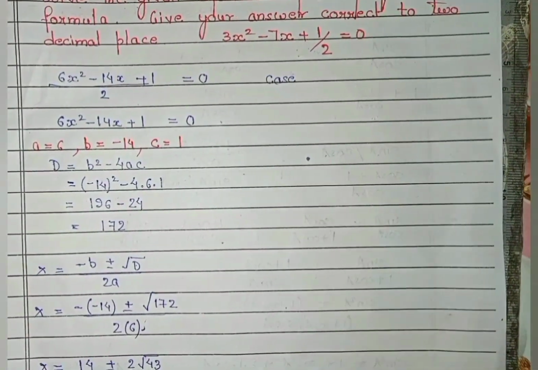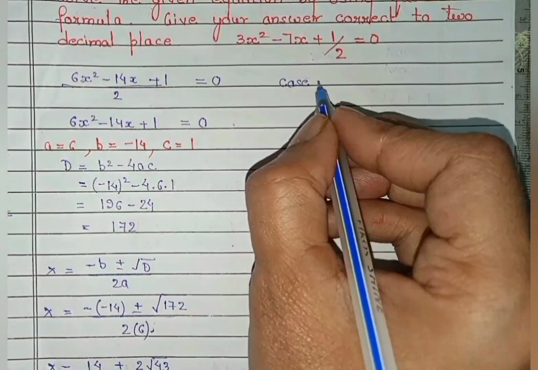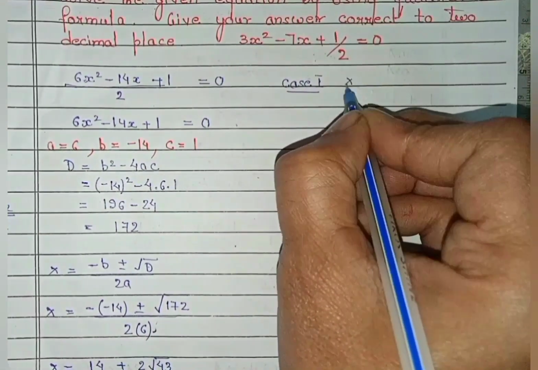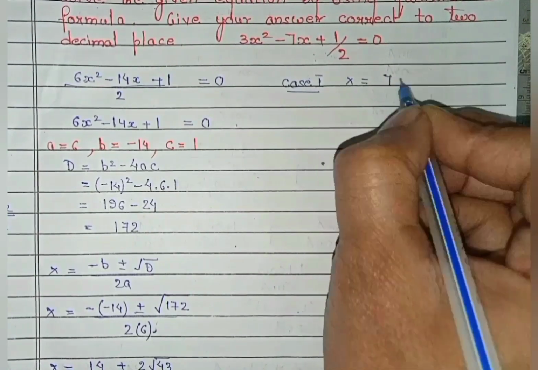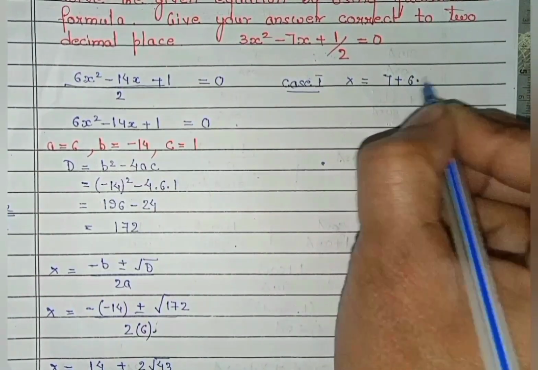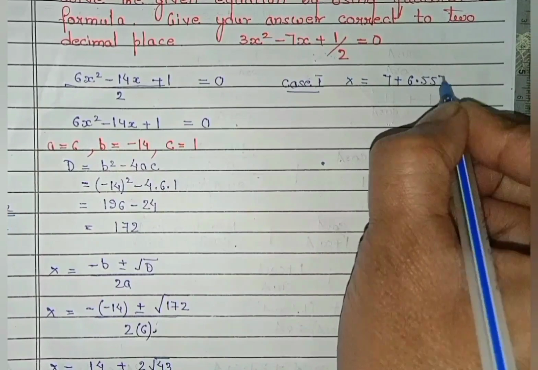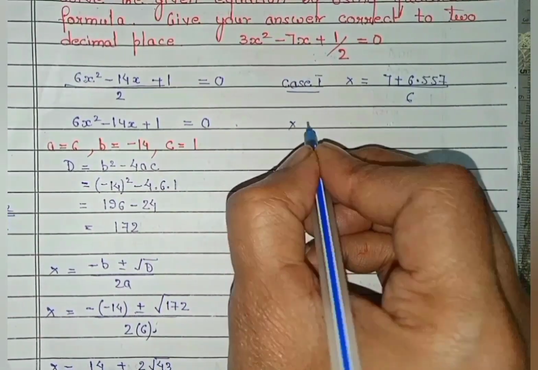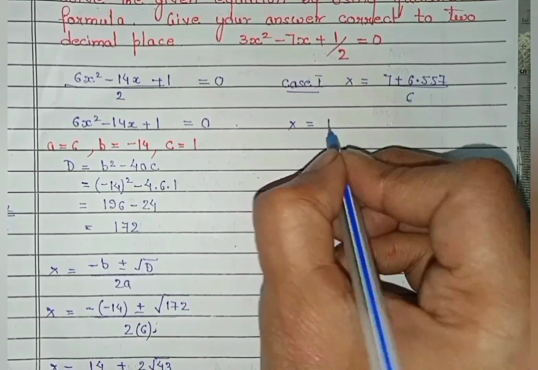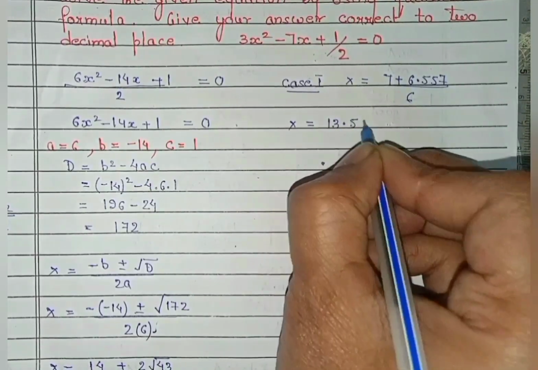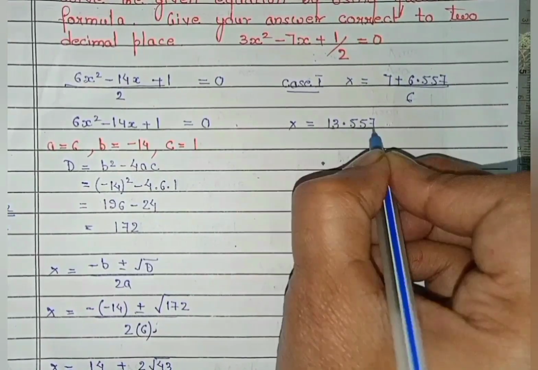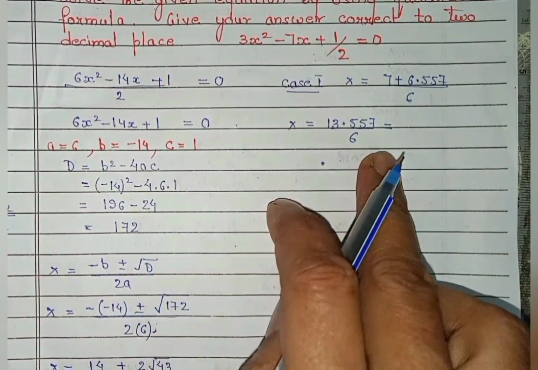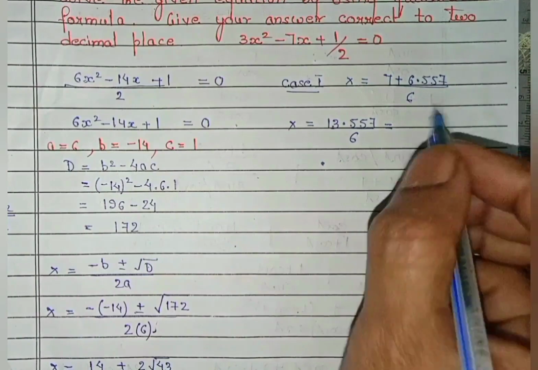In case 1 we have x is equal to 7 plus 6.557 upon 6. So this will become 13.557 upon 6.